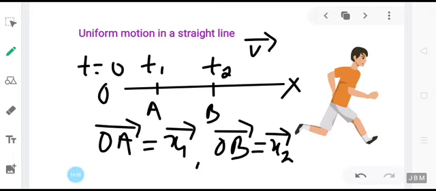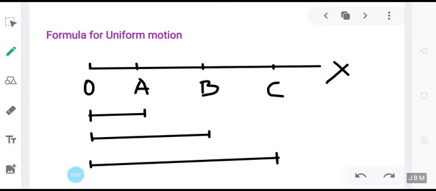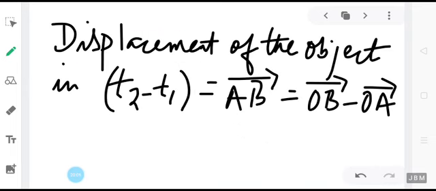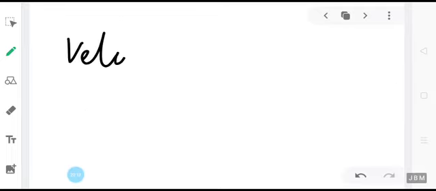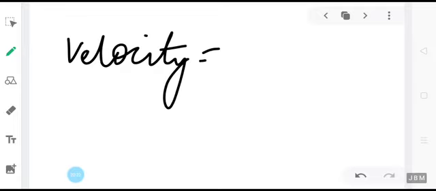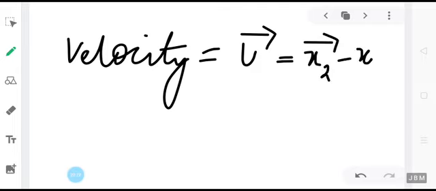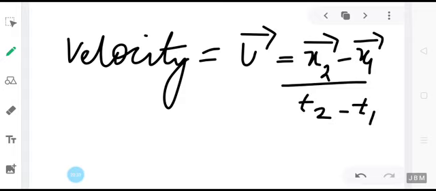So this will be equal to x2 minus x1, isn't it? Now, as velocity is equal to displacement by time interval, we can write down velocity, which we had denoted by v, equal to x2 minus x1 divided by t2 minus t1.